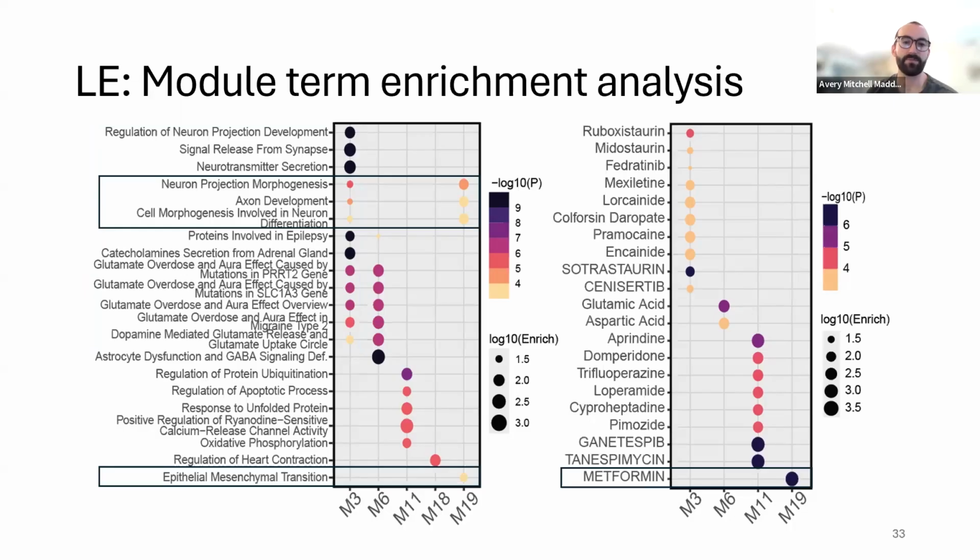And M19 is related to neuron differentiation, the epithelial-mesenchymal transition, and interestingly, it's a target of metformin, which has had some evidence in the literature for being a treatment, or an adjunct therapy, for glioblastoma.